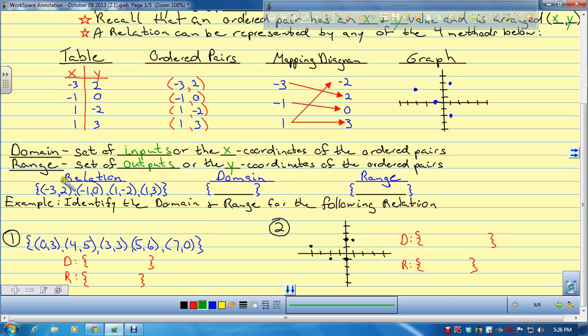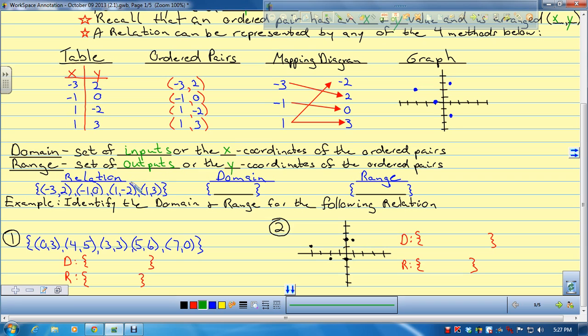Now, if we take this example I have written down here in blue, if our relation is made up of all of these ordered pairs, which is what we dealt with up here, same values, my domain is going to be all of my x values. So -3, -1, 1, and 1.